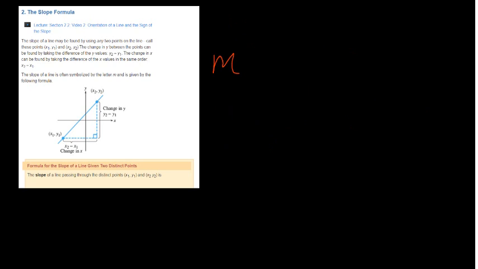So that's why we use m. What we're doing here is taking the change in y, the difference in the y values over the difference in the x values. And that's it. That is the slope of a line.